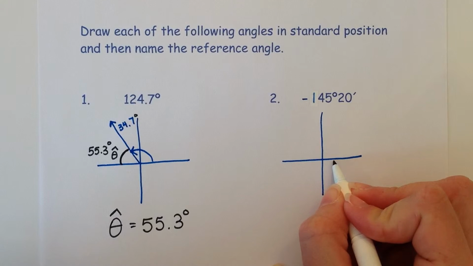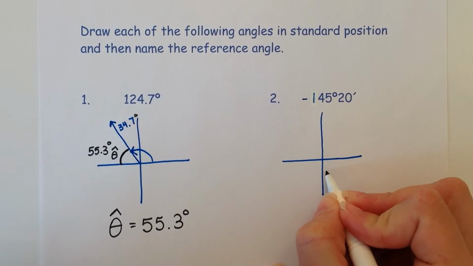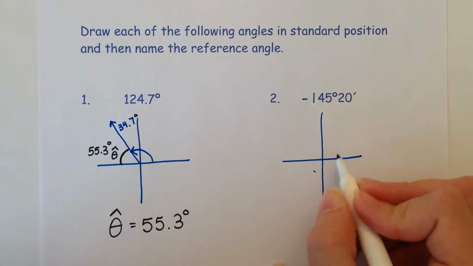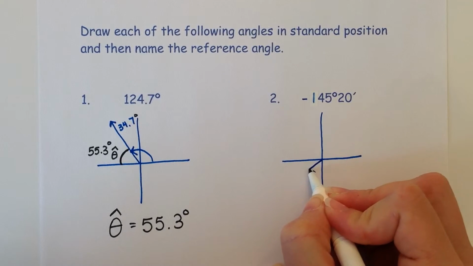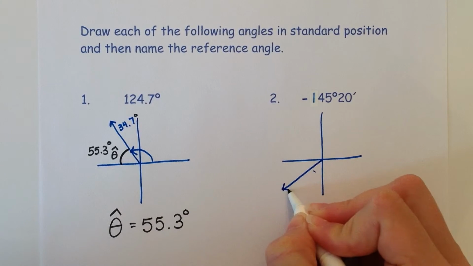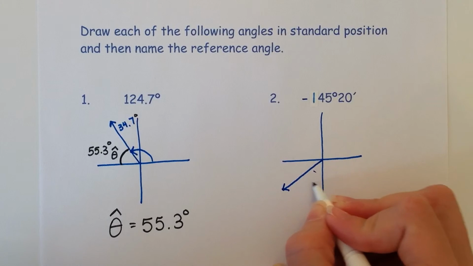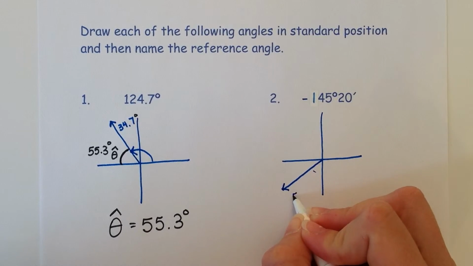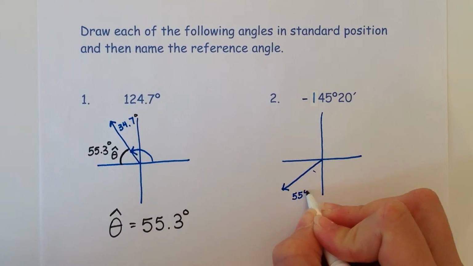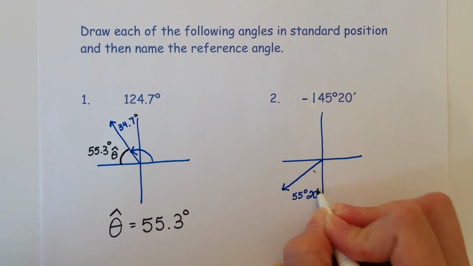So rotating through the fourth quadrant, of course, that's 90 degrees. So you would need to go 55 degrees, 20 minutes more. So that would put your terminal side somewhere in this area. So the amount that we have here is the 55 degrees, 20 minutes.